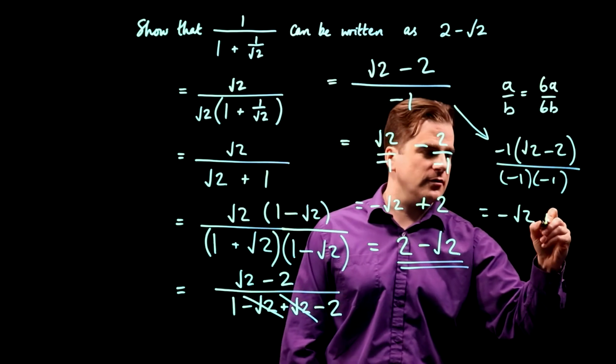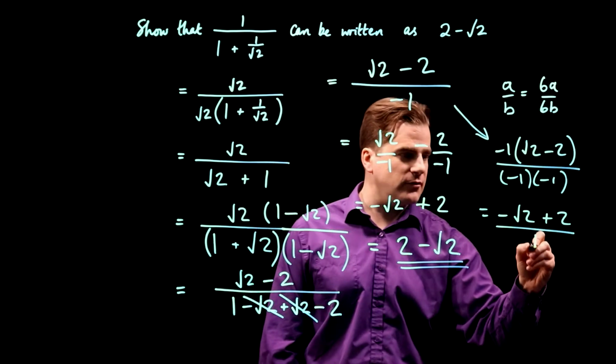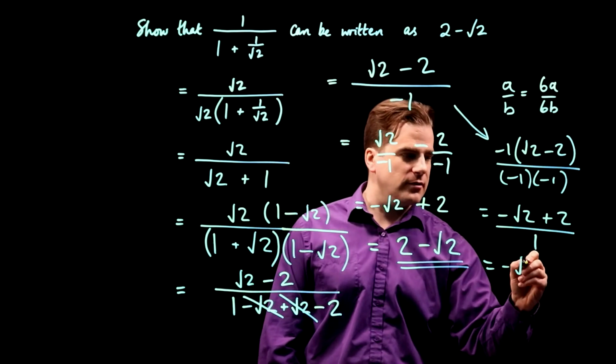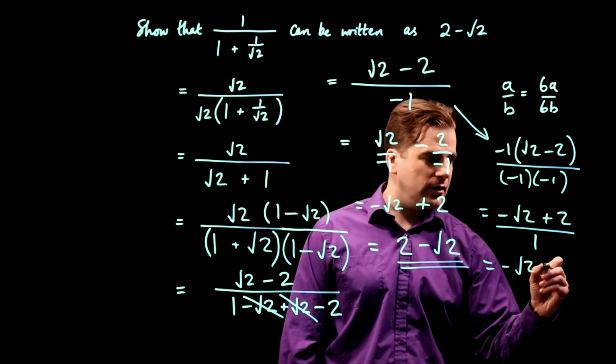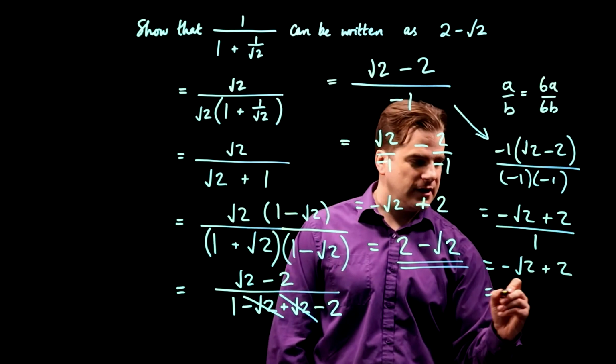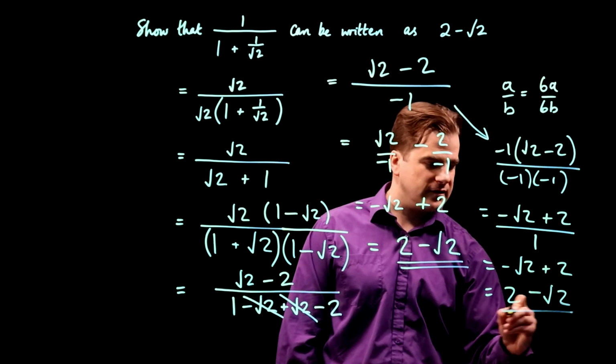Minus 1 times minus 2 is plus 2, all over minus 1 times minus 1 is 1. Anything over 1 is just itself. So it's minus root 2 plus 2, which is 2 minus root 2. Same thing.